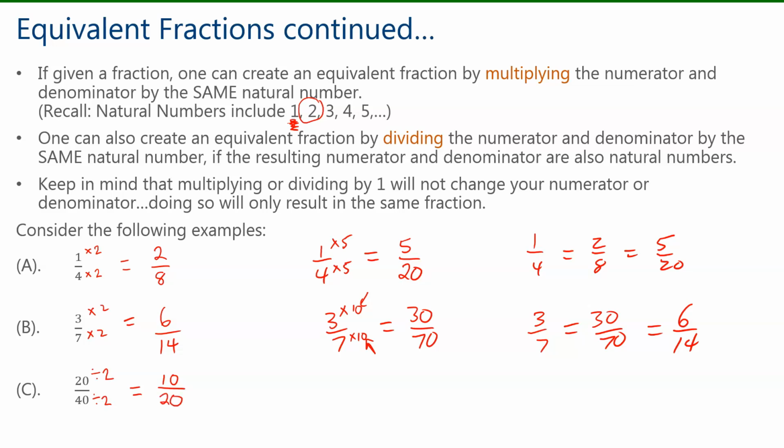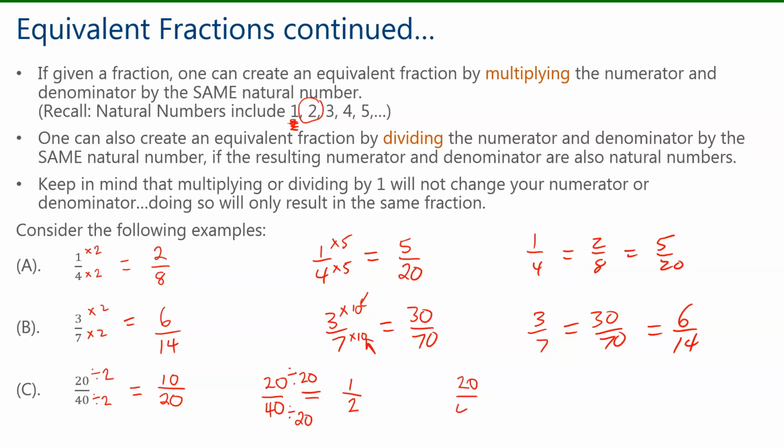So 20/40 and 10/20 are equivalent. I could have actually divided numerator by 20 and denominator by 20, because 20 goes into 20 once and 20 into 40 twice.